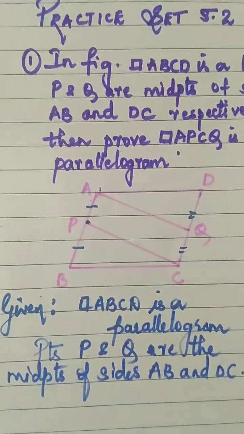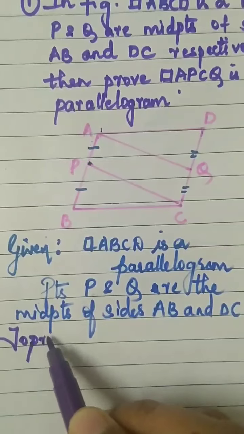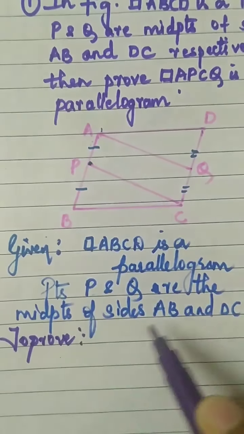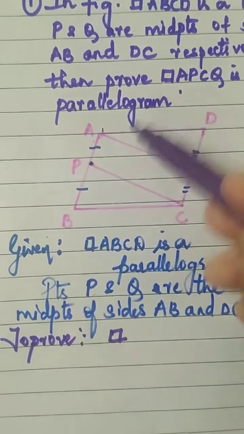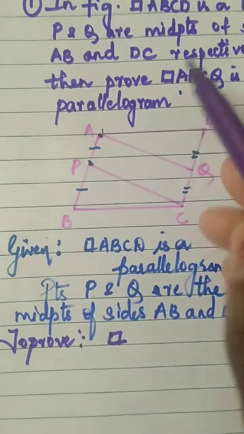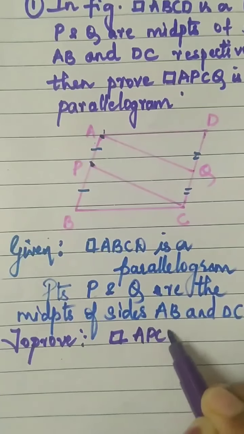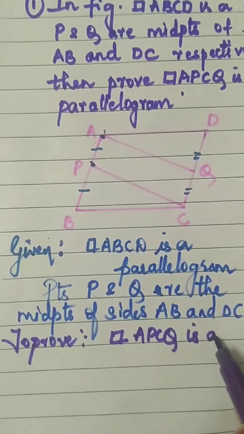This much is given. Next, to prove: we have to prove that quadrilateral APCQ is a parallelogram.